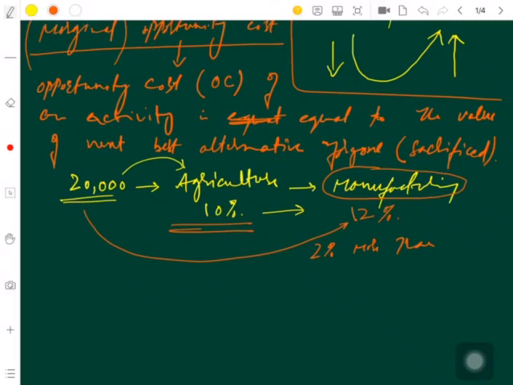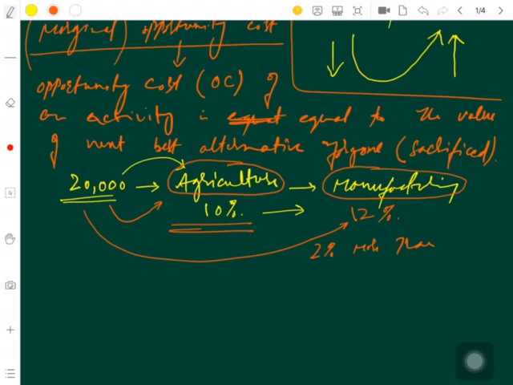But I have foregone, sacrificed the investment in agricultural sector. So the next best alternative for me is to invest this rupees 20,000 in agricultural sector. But it is not best, it is the next best. This is what I mean.